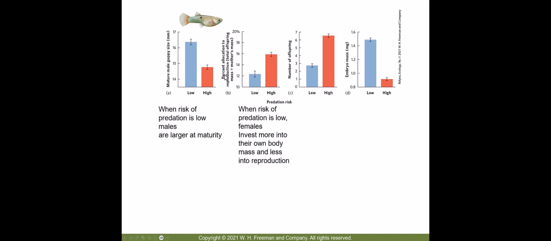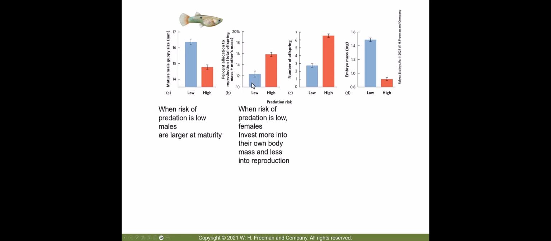On the y-axis, we're seeing percent allocated to reproduction, which is the total offspring mass divided by the mother's mass. So if she puts a lot into offspring and just a little bit into her own, then that would be a large number. If I put less into offspring and more into mom, then that would be a lower number, and that's what we're seeing here.